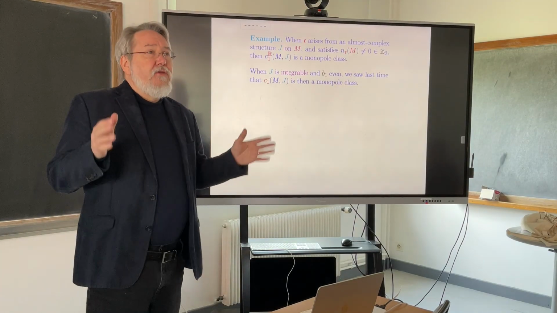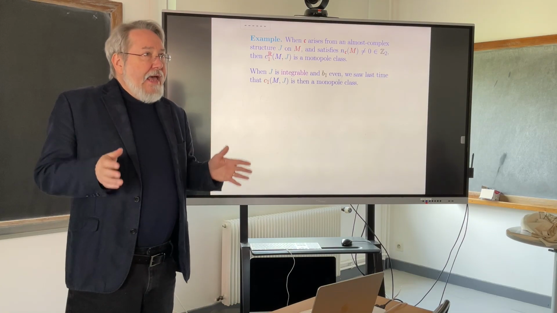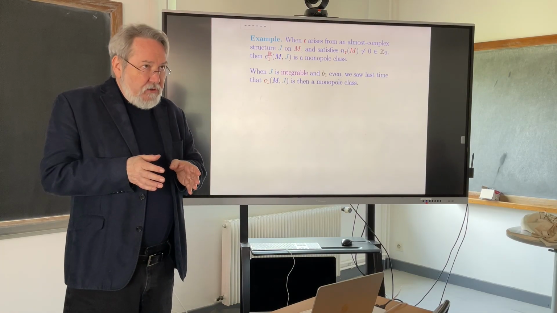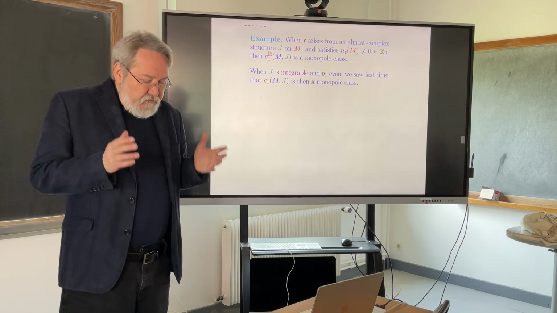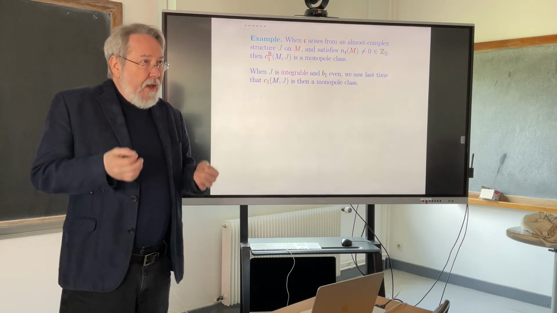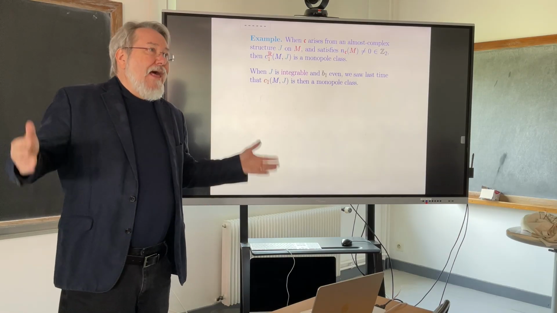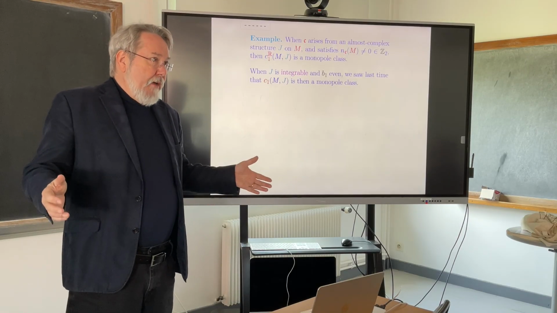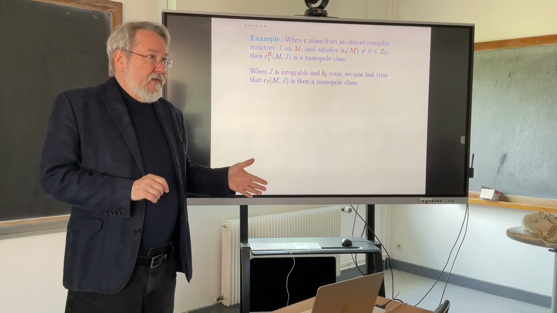Typically, if you have a four-manifold that has an almost complex structure, then there are typically lots and lots of other almost complex structures. You can change the first Chern class.